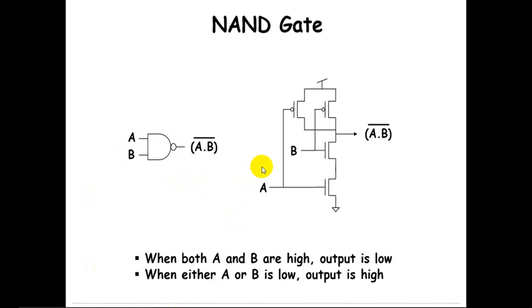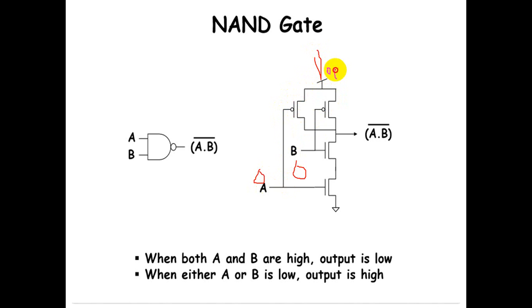Suppose we are taking the input as 0 and 0. Now for the PMOS part, when we provide a 0 here, then this bubble, as I said, acts as an inverter, and the output here will be 1. That means the circuit will be short circuited. This one is your VDD.